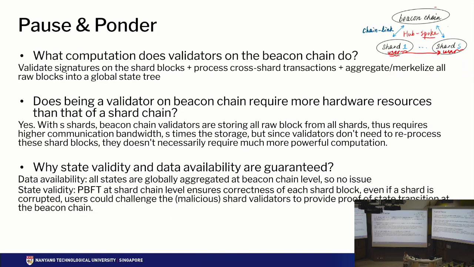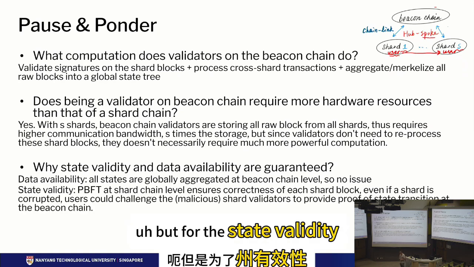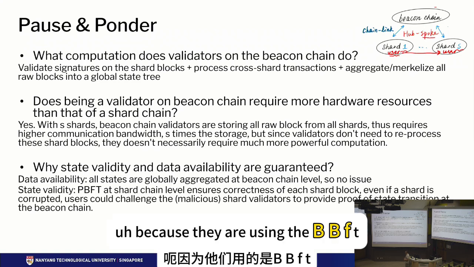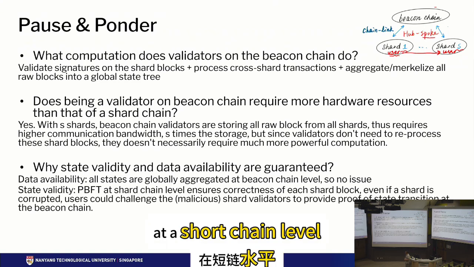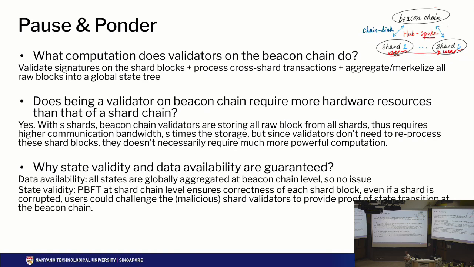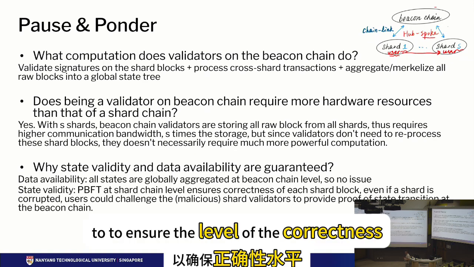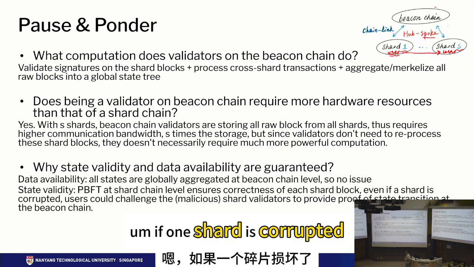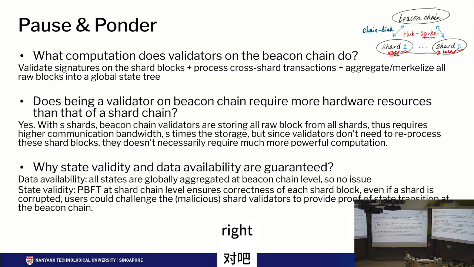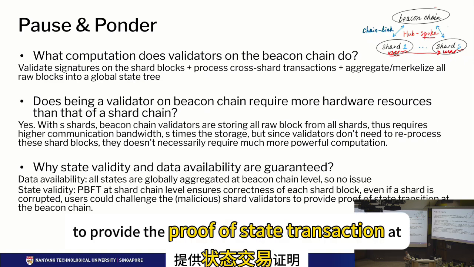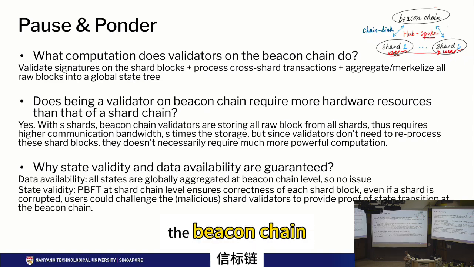There's no issue. But for the state validity, because they are using PBFT at the shard chain level, to ensure the correctness of each shard block, if one shard is corrupted, the users could challenge the shard validators to provide the proof of state transaction at the beacon chain.